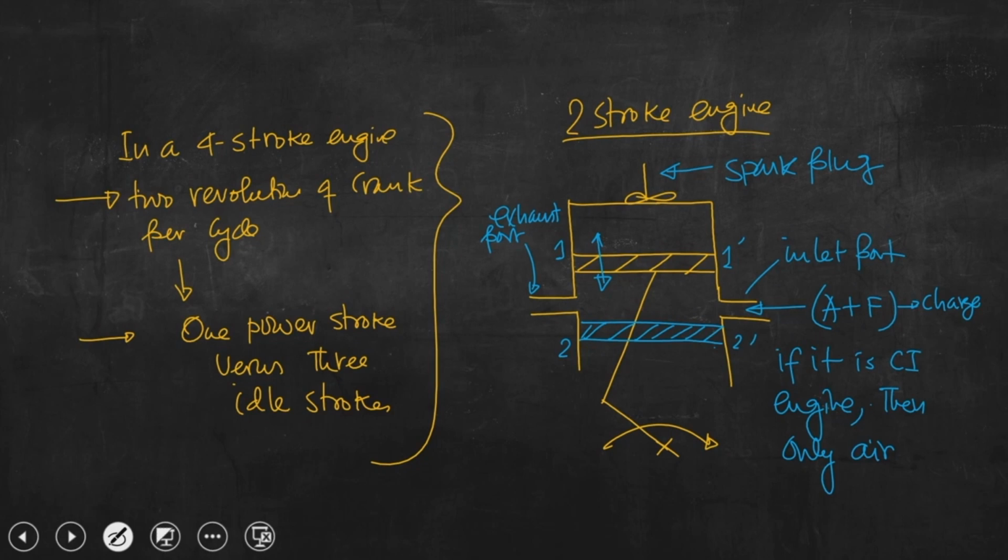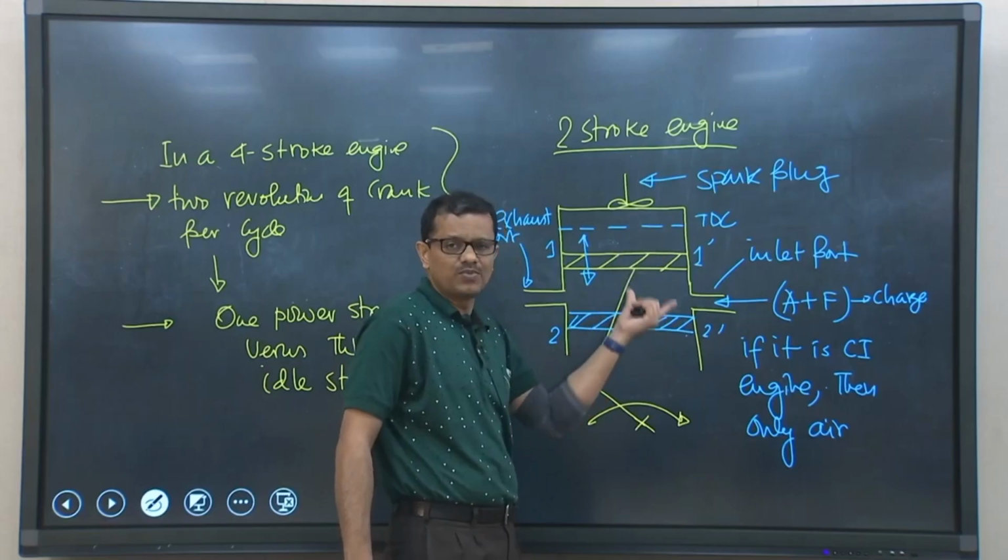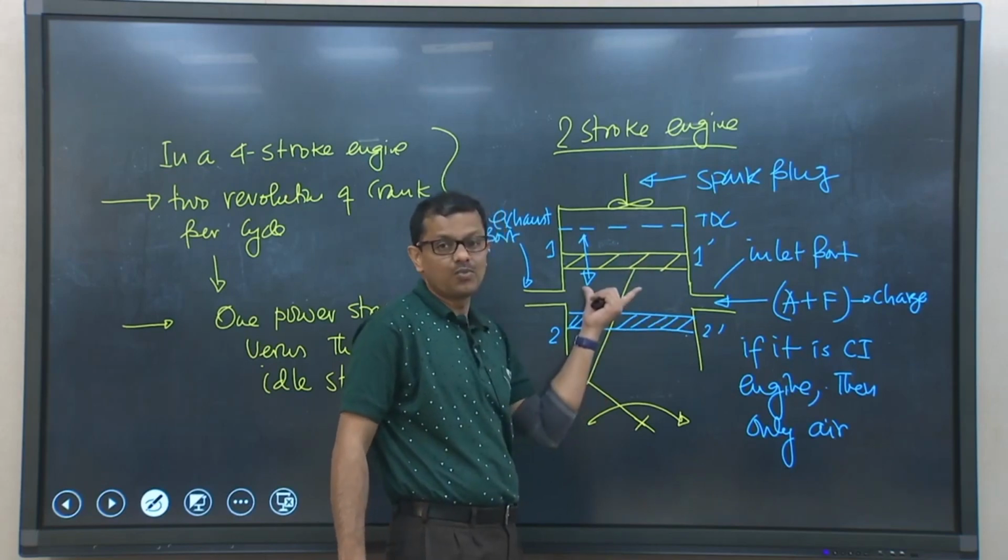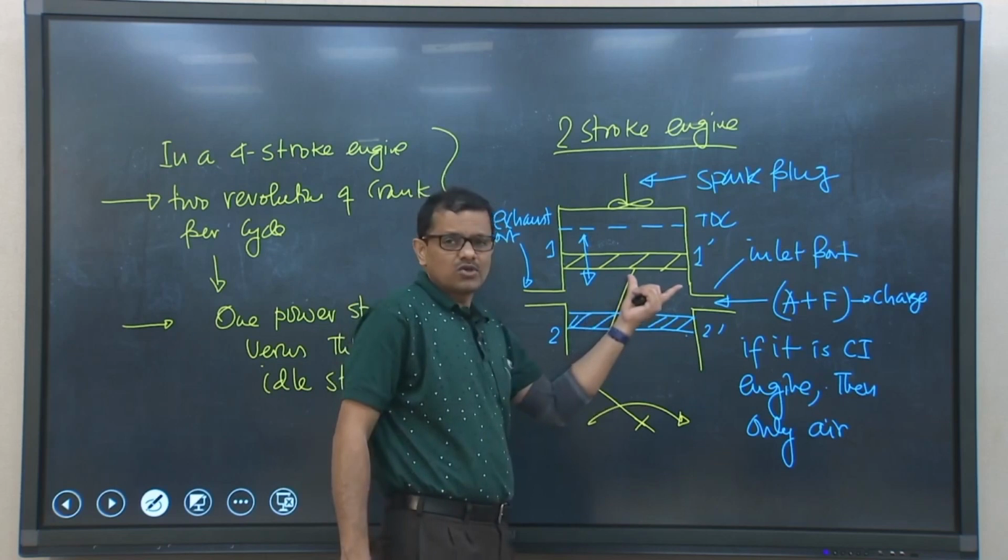Let us assume that because of the combustion, this is top dead center, TDC, and this is BDC. So, when the piston is coming from TDC to BDC during the power stroke, the moment the piston just uncovers the inlet port, it opens, and the exhaust port also opens. These two ports are closed when the piston is at 1, and when it is coming from 1 prime to 2 prime during the power stroke, these two ports open.